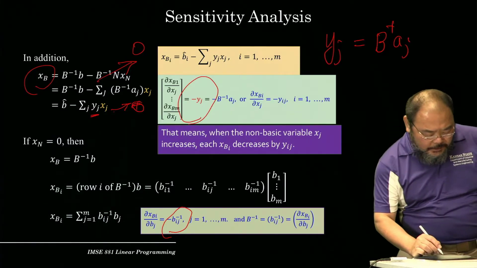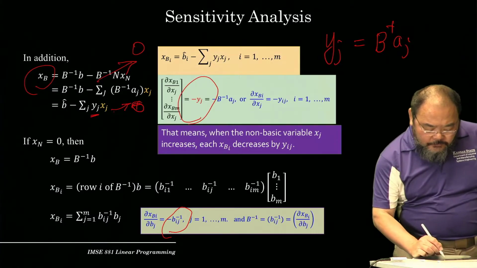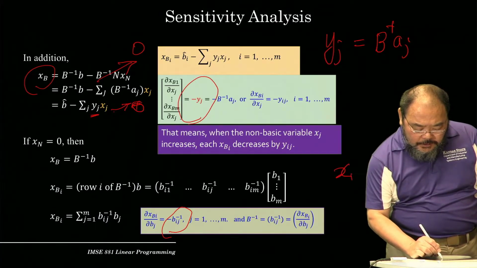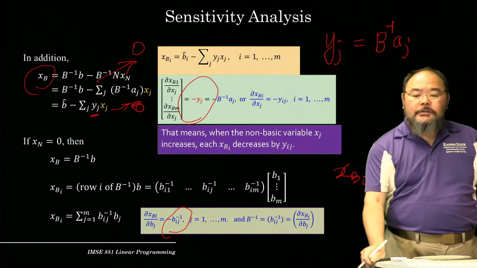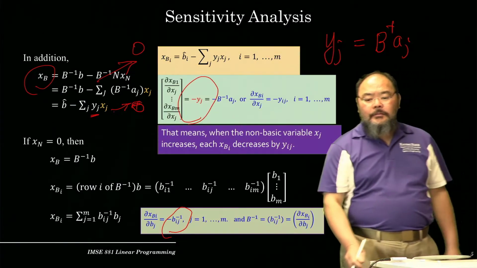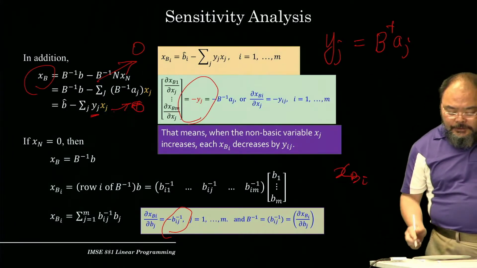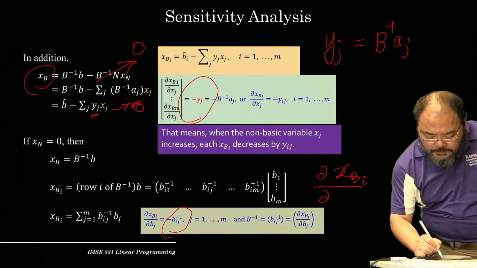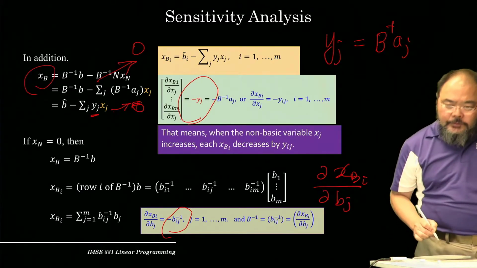The second result is that if we change the right-hand side resources, xb i, which is the i-th element in the xb vector, changes by the partial derivative with respect to bj, the right-hand side.